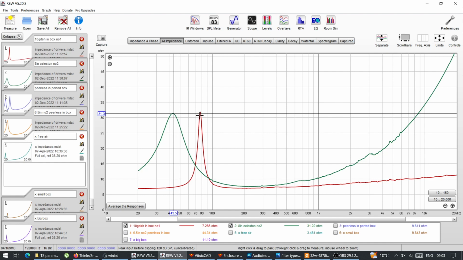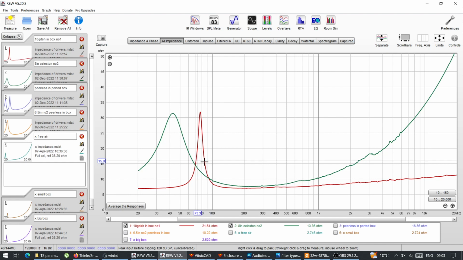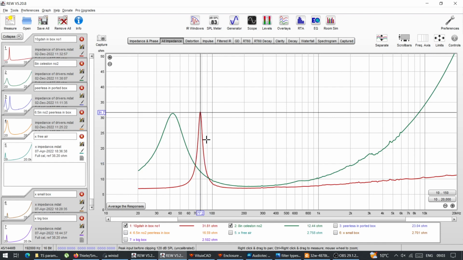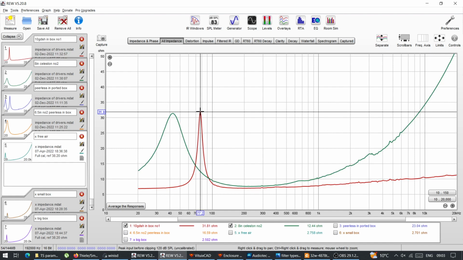You take the central frequency, for example, in this driver it's going to be 76, and you divide it by the minus 3 dB points, which is this one minus this one. So this is going to be a high Q driver, and this is going to be a low Q driver, and it's exactly the case. This is a Russian Soviet driver that I have, and it has a Q of 0.7, even higher, probably 0.8, so a high Q driver.